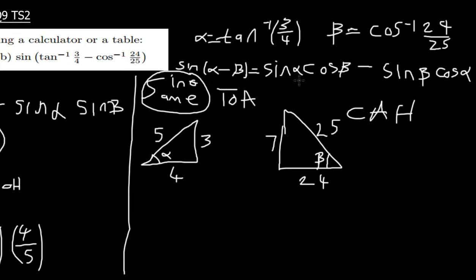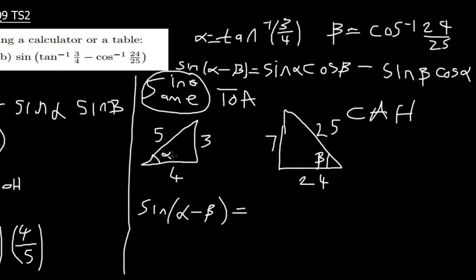So our sine alpha minus beta is nothing but sine alpha cos beta minus sine beta cos alpha. So what is my sine alpha?